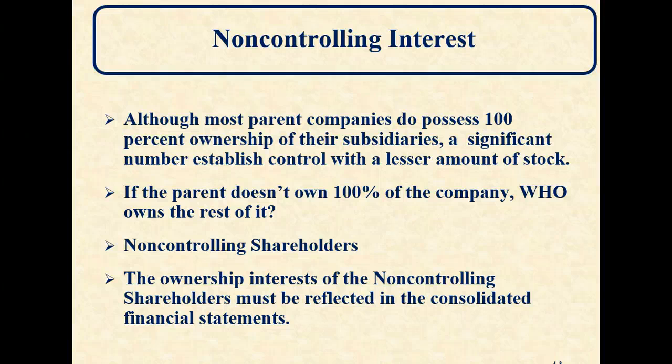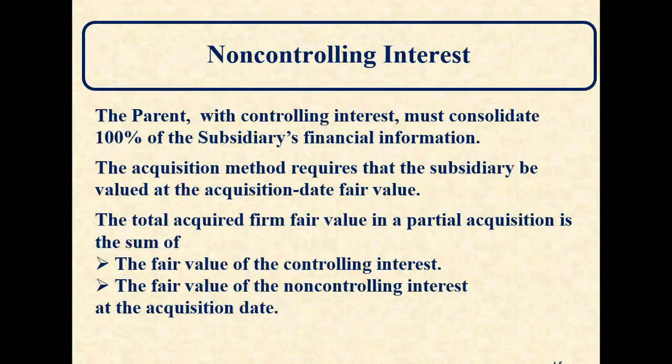That makes it a controlling interest, but you'll have an NCI, or non-controlling interest, shareholders that own a piece of the company. So what we're trying to determine is how we combine the financial statements and show a consolidated financial statement even though we don't own 100% of it. There's this non-controlling interest in the equation that we need to account for, and how do we show it on the financial statements?